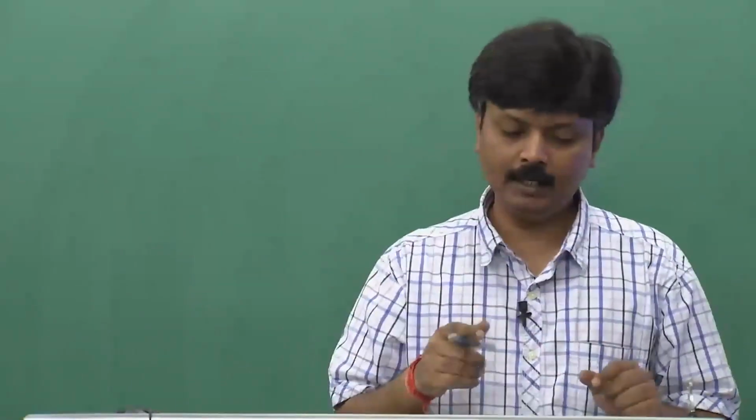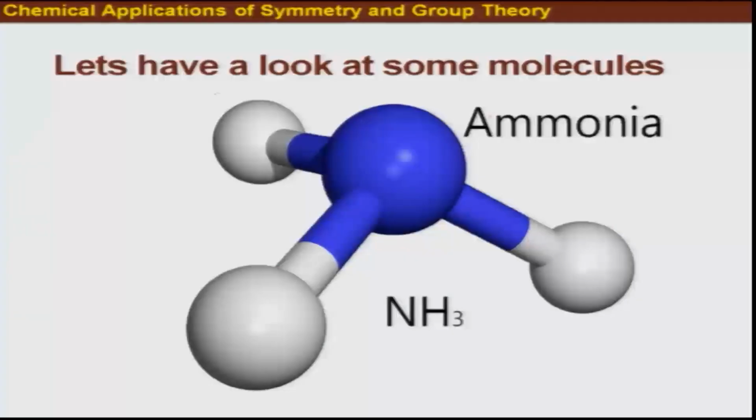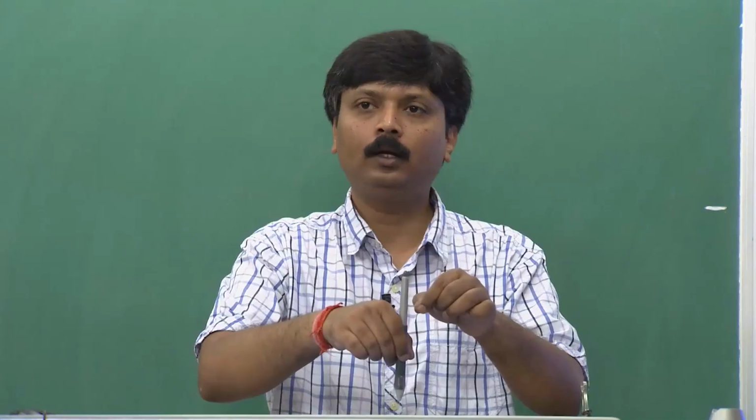If I mark this hydrogen atom as 1, this as 2, and this as 3, and join 1, 2 and 3 by straight lines, I will find an equilateral triangle, where the nitrogen is sitting at the center above the plane. Fine. So now I have marked these hydrogens as 1, 2 and 3.